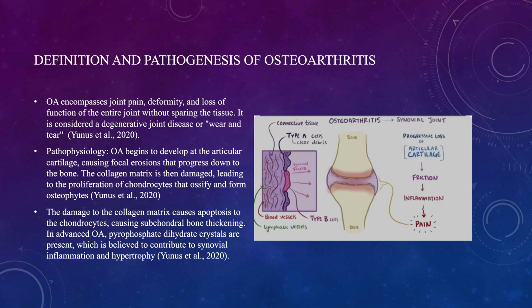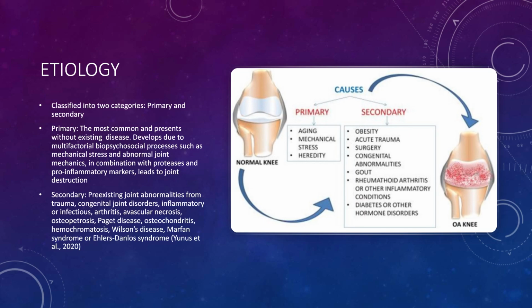Moving on to etiology, the etiology of OA is broken down into two subcategories, which are primary and secondary. Primary OA is the most common subset of the disease and is diagnosed in the absence of predisposing disease.